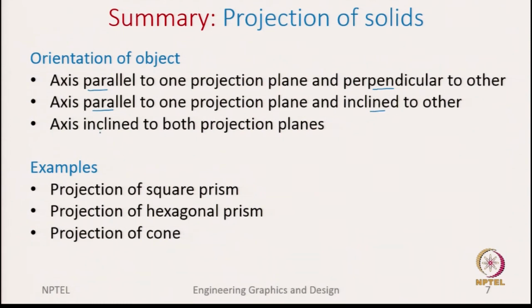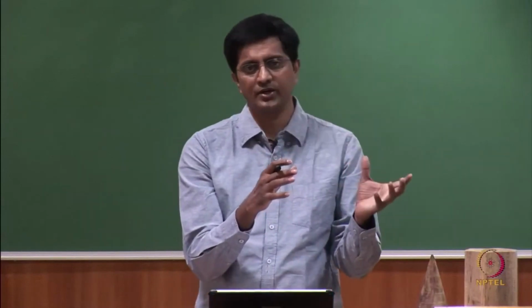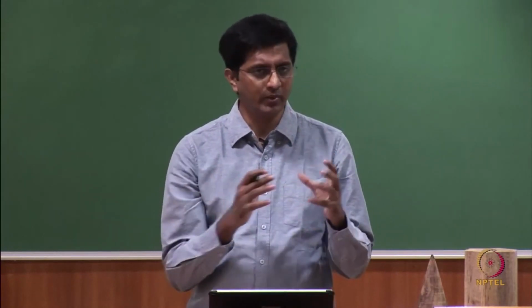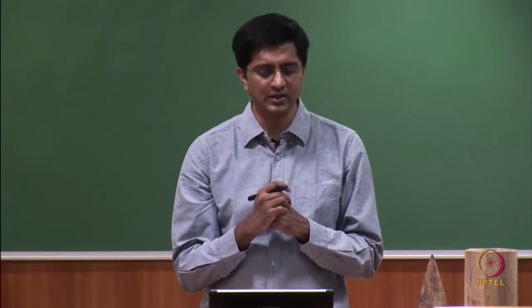And finally, when the axis is inclined to both horizontal and vertical planes. So, what we are saying is, gradually we are showing a simple orientation and a more complex or difficult orientation, where getting the projections becomes a little tedious, but it is achievable by following the procedures we discussed in the class.